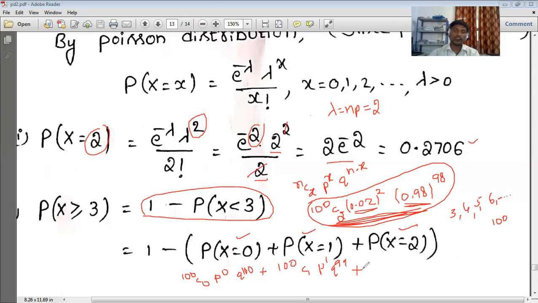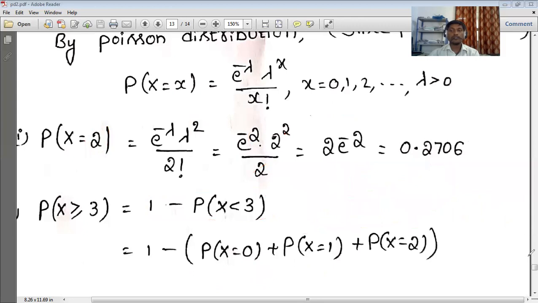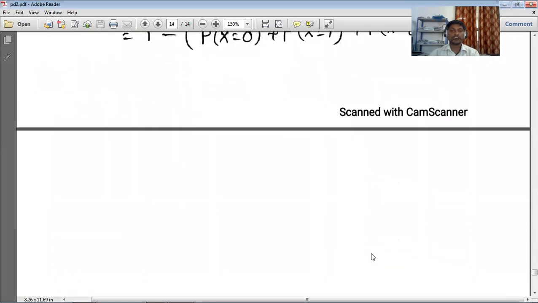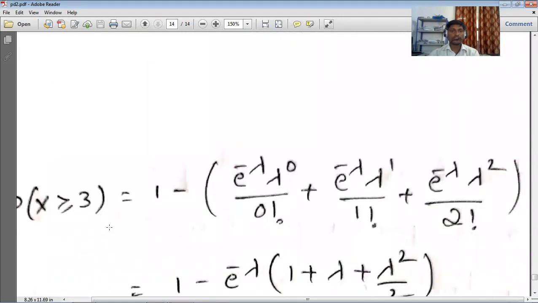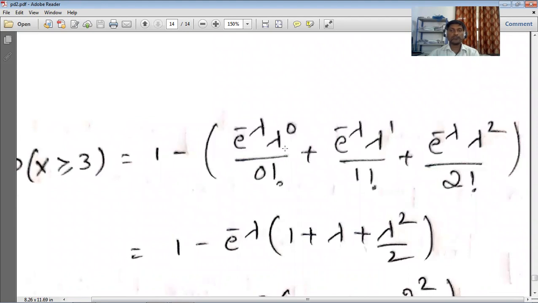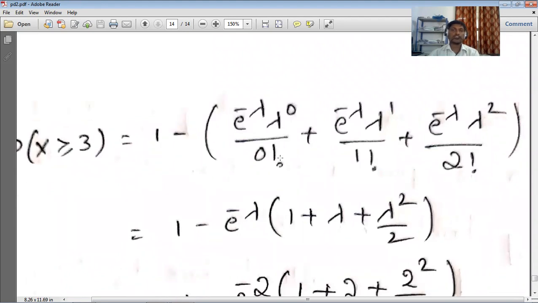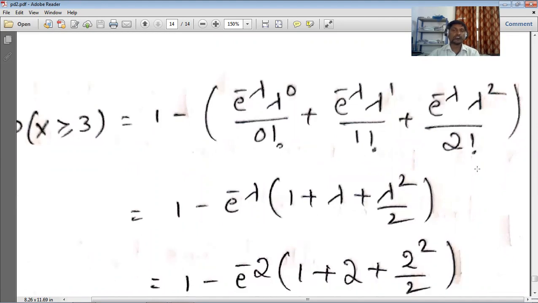So you can apply binomial or Poisson, but compared to binomial, with Poisson we get the value easily. See how easily we get it: 1 minus e power minus lambda, times lambda power 0 by 0 factorial, lambda power 1 by 1 factorial, lambda squared by 2 factorial. So 1 minus e power minus lambda times 1 plus lambda plus lambda squared by 2.